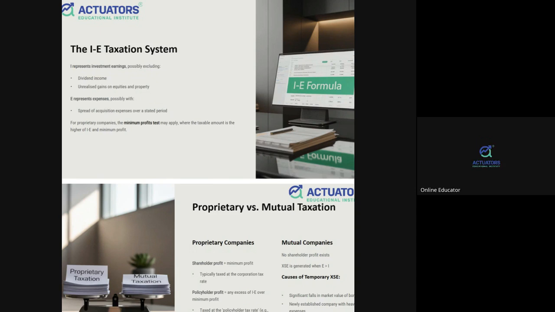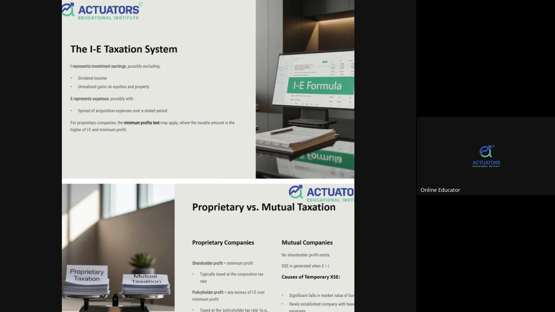Or you carried out some sort of assumption weakening. So your increase in liabilities has gone down. If your increase in liabilities has gone down, your trading profit has gone up. Your trading profit has gone up, the minimum profit test may bite, right? So because of these reasons, you may reach an excess E scenario. I think I misspoke on this previously.